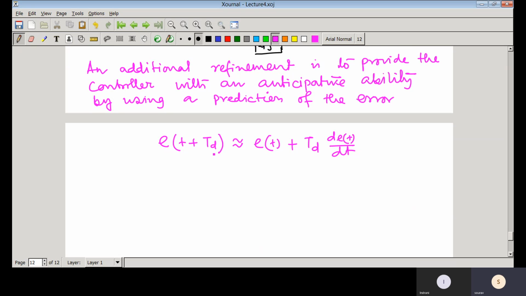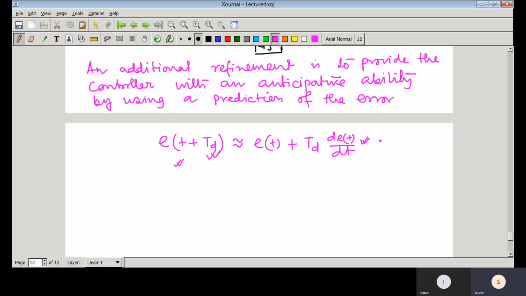So this is actually the time, and this is that error signal. So e(t plus Td) minus e(t) divided by Td. So if you put limit Td tends to 0, that gives you the derivative of that error signal.